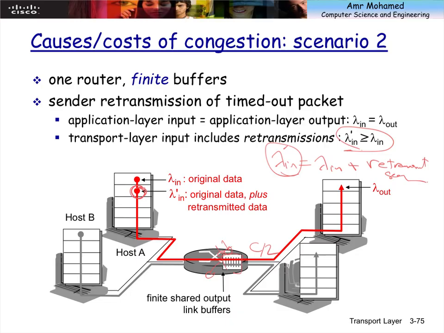Okay? So that's that scenario. So because of this limited buffer, we cannot reach lambda over 2, except if we start pushing hard, we can get lambda out very, very close to C over 2.